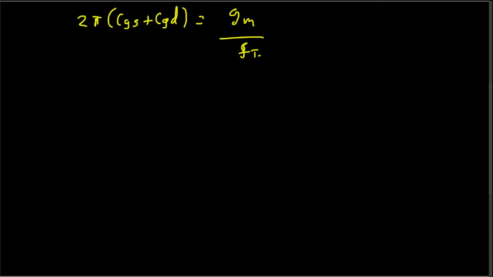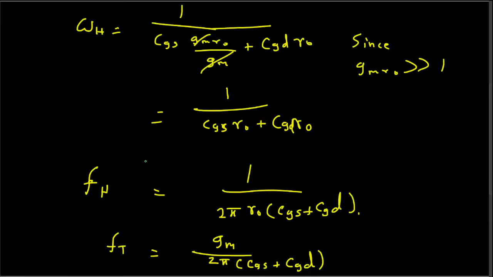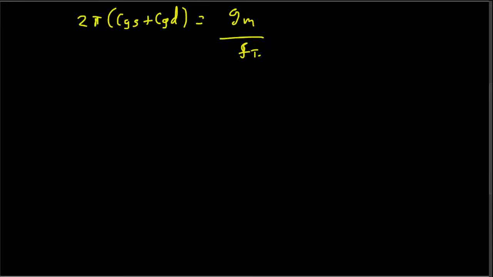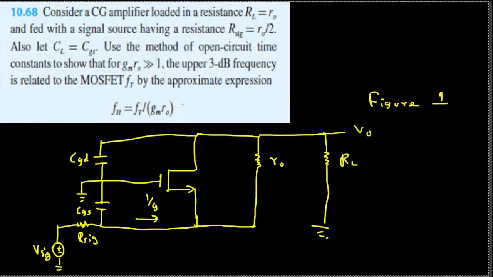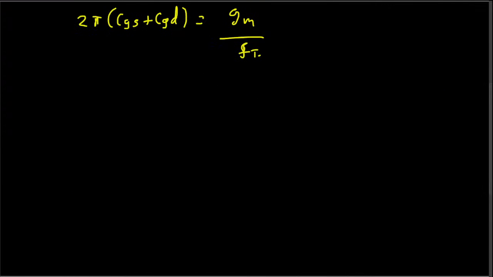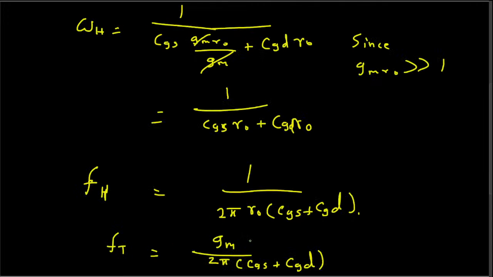This equation is useful for us because if you look at the fh equation we derived, we have a term 2 pi cgs plus cgd right here in the denominator. Instead of that expression, we can substitute this gm over fT. They ask us to prove how we derive this, and this is how the fT equation is helpful.